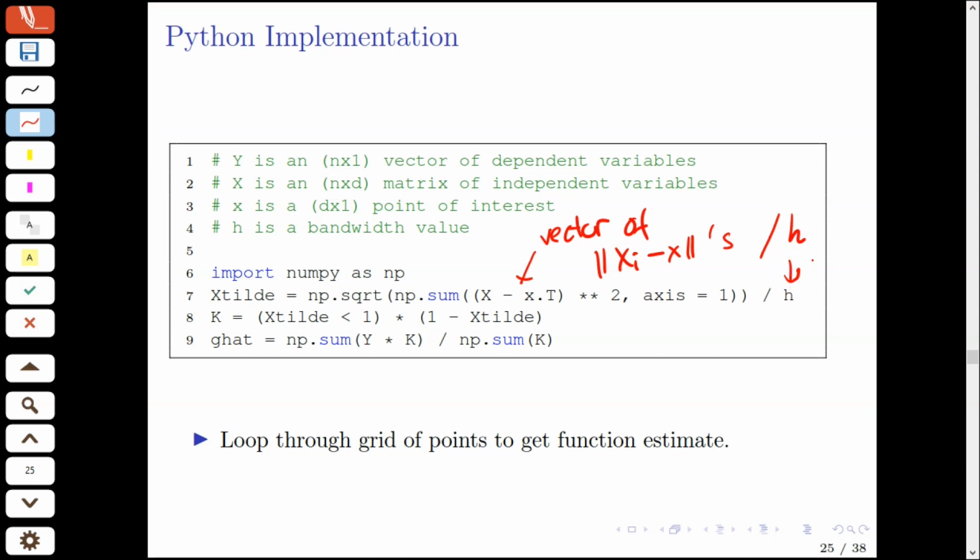Then we may take the resulting vector of proximities or distances, if you will, and calculate the weights using some choice of kernel.